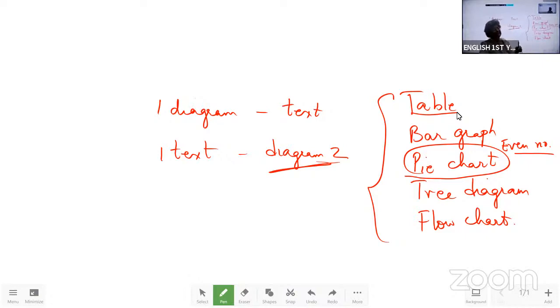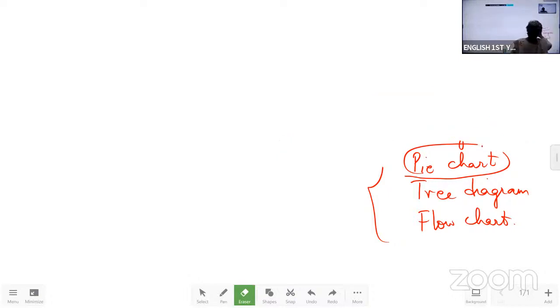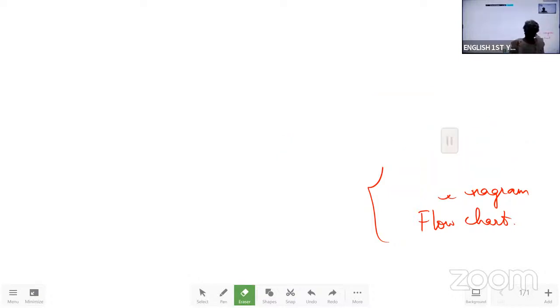But they said it still counted. When it's not given, here in a table, it's not an even number. So any lower number can be mentioned. So these are small things where children tend to make mistakes. So children, pay more attention and read the question properly before going on to write.